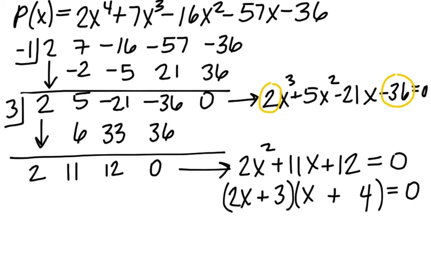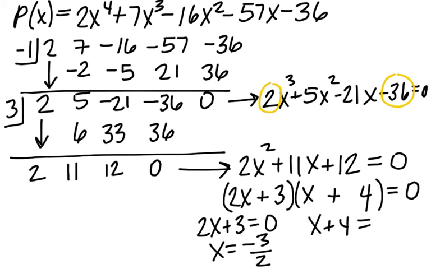So now we set each factor equal to 0 and solve. And we get our 2 additional zeros, negative 3 halves, as well as negative 4, both of which happen to be rational numbers and were on our original list of possible rational zeros. So we have our 4 zeros.